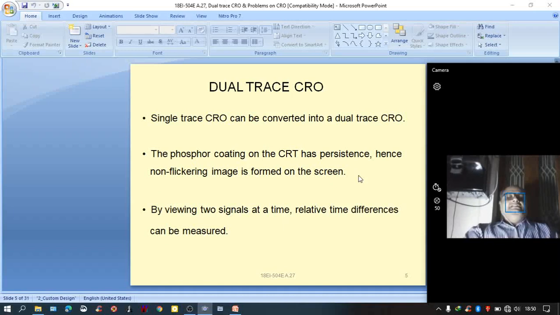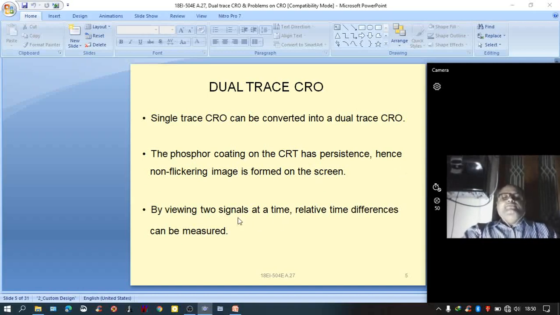And that luminous spot continues to appear on the screen even after the electron beam is removed from the surface of the screen.